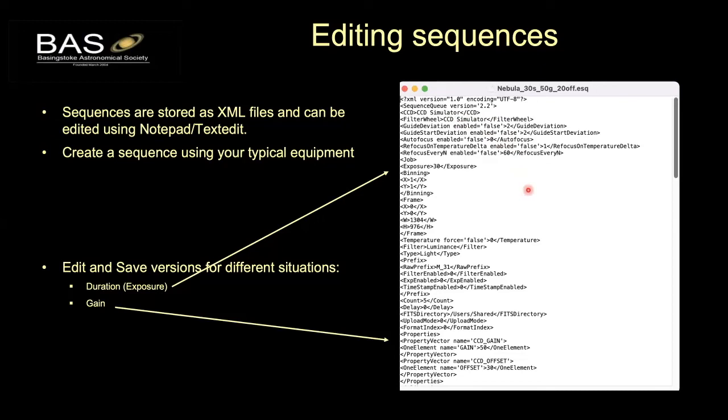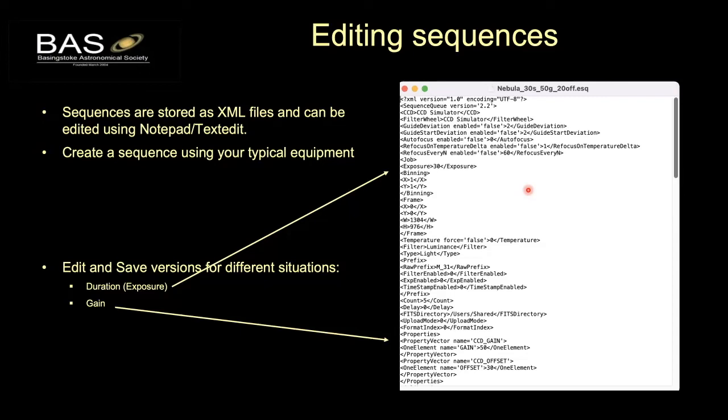Just a comment there, for those who are used to SG Pro: you can go into SG Pro anytime, day or night, and create a sequence and save it. What slightly frustrated me the first time I tried this is you can't do that with EKOS unless you are connected to the camera. I think that's the only reason why you'd go in and do this manual text editing.